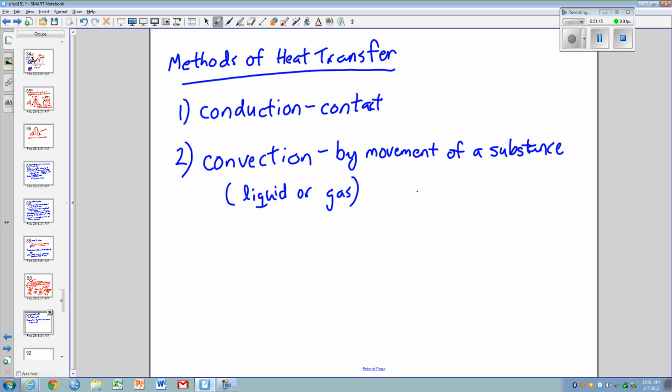For example, in a convection oven, the fans move currents of air around, which will cause the heat to more evenly transfer throughout the oven.